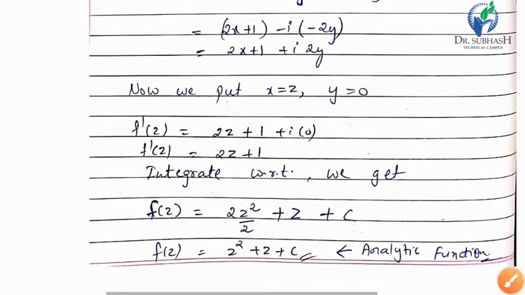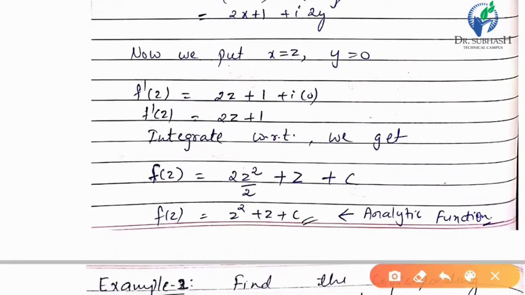Then I will get f dash z equal to, in place of x I will put z, and in place of y I am putting 0. So on simplification I will get f dash z equal to 2z plus 1.